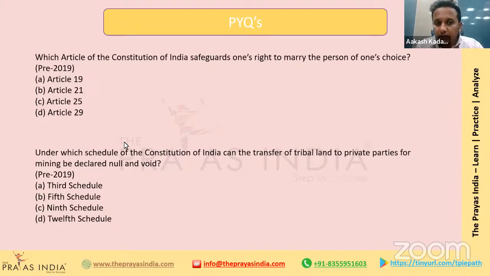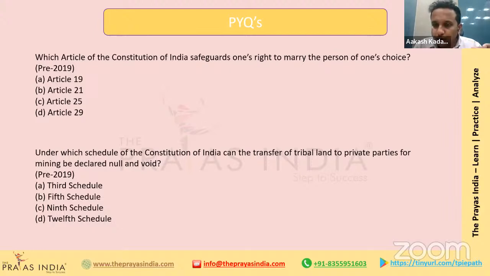This question is from the topic of schedules to the Indian Constitution. It is a pretty straightforward static question, because if you have read the schedules properly, the answer is the Fifth Schedule.